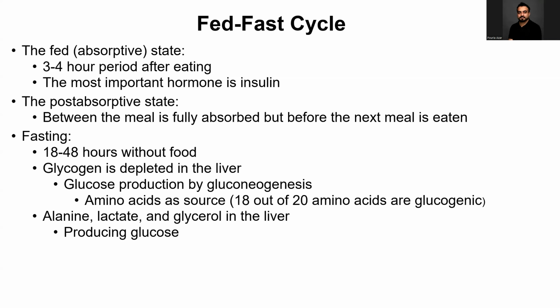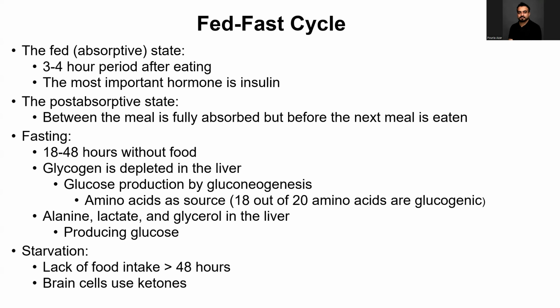And recall from our first lesson, lactic acid is also a source for gluconeogenesis. 18 out of 20 amino acids are glucogenic, meaning our liver can use 18 different amino acids to produce glucose through gluconeogenesis. Alanine, lactate, and glycerol in the liver are used to produce glucose.